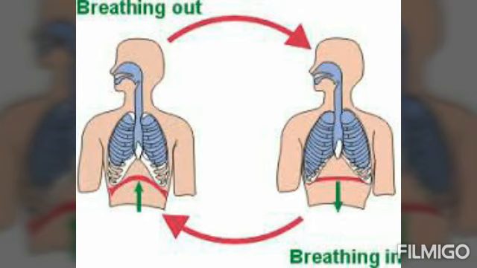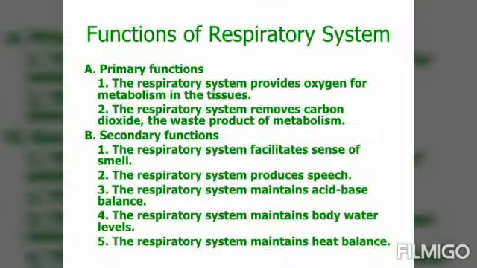Coming to the functions of the respiratory system. The primary function of the respiratory system is oxygenation of the tissues. For the tissue or cell to live, oxygen is required. And the respiratory system also removes carbon dioxide and the waste products from the metabolism.